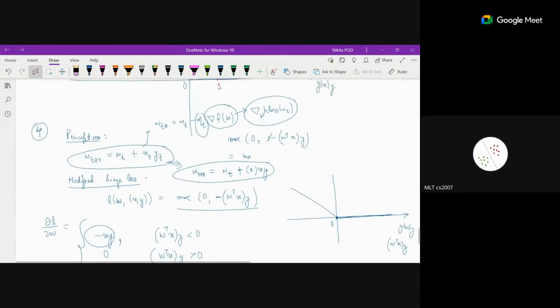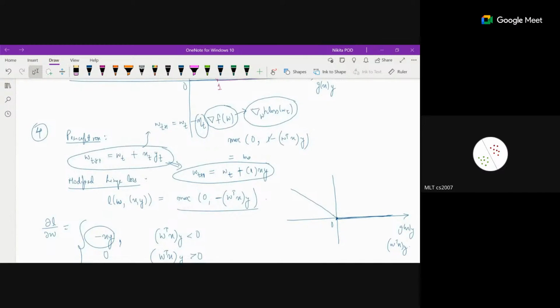So that's all we are going to see for the perceptron algorithm. What loss do we use in case of perceptron, and it can be viewed as the stochastic gradient descent method, and we're using the modified hinge loss, and the step size is 1. That's all.